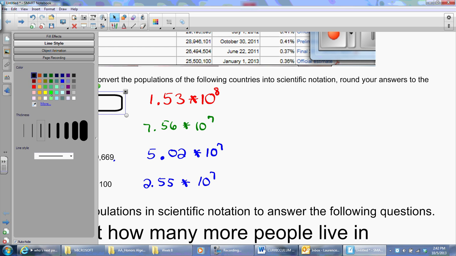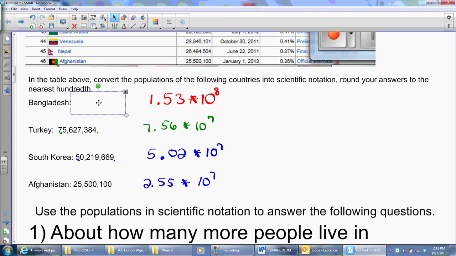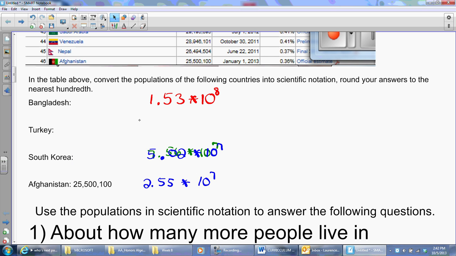There we go, and I like this. And then, it looks like it's missing. It's not really missing, it's just hidden. And, oops, I missed the last one. Where'd it go? There we go. Okay, so now we're going to work with only the scientific notation numbers.